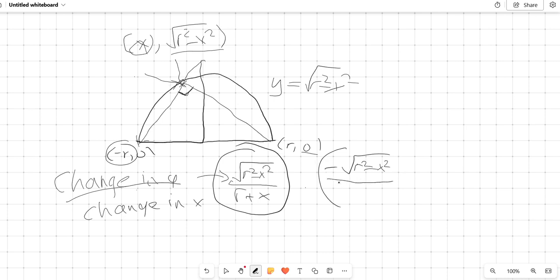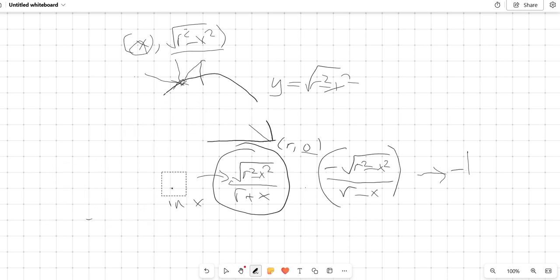So our change in x is just r minus x. Now, if there's a right angle here, or if the two lines are perpendicular, then by multiplying these two fractions, I should get -1. Now we will see if by multiplying we get -1.